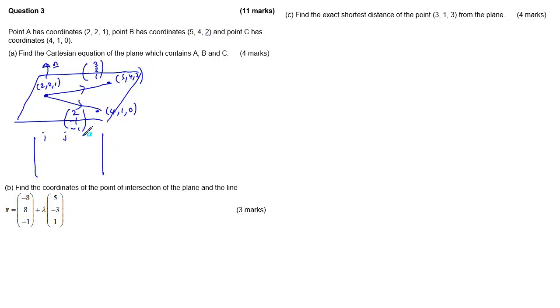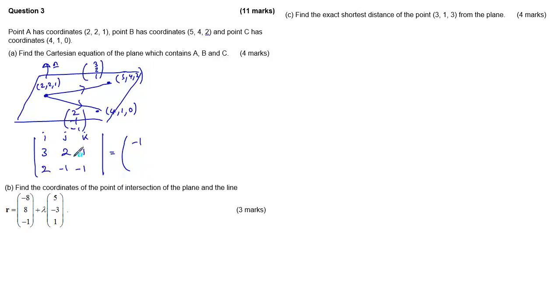i, j, k, and we have (3, 2, 1) and (2, -1, -1). So that gives us -2, take away -1, so -2 add 1, which is -1.